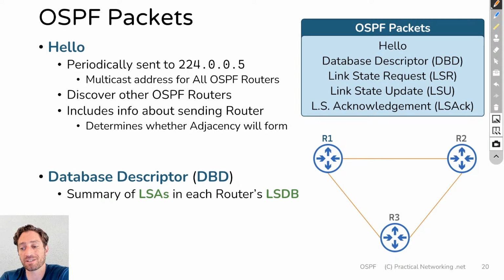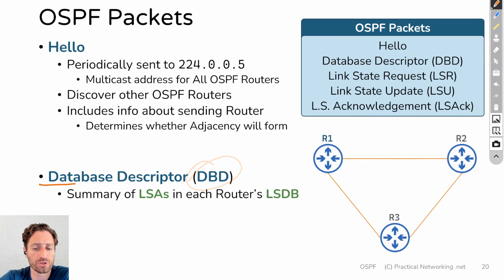The idea there is router 2 might already know about some of the entries in router 1's link state database. And there's no sense for router 1 to send everything if router 2 doesn't need it. So router 1 is going to say, hey, I have these entries in my table. Let me know which ones of those you actually need. So that's the purpose of the DBD packets.